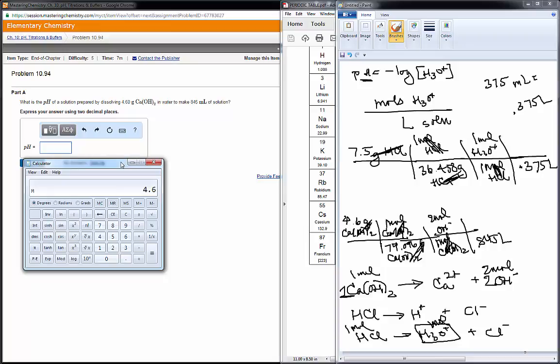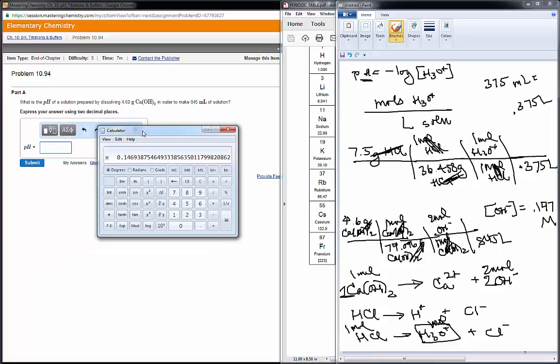So 4.6 grams calcium hydroxide divided by 74.096 grams per mole calcium hydroxide, multiplied by 2, divided by 1, then divided by 0.845 liters of solution. I get a hydroxide ion concentration of 0.147.